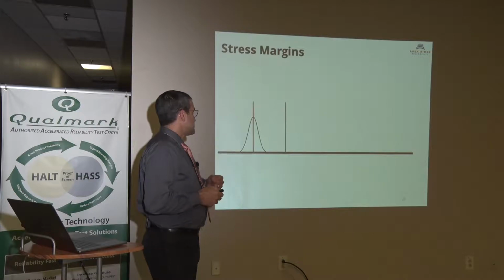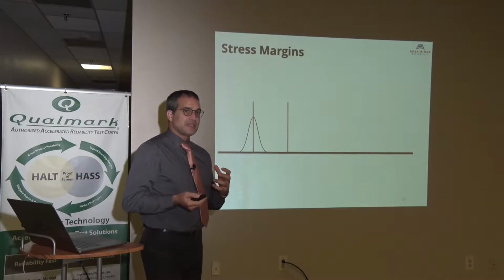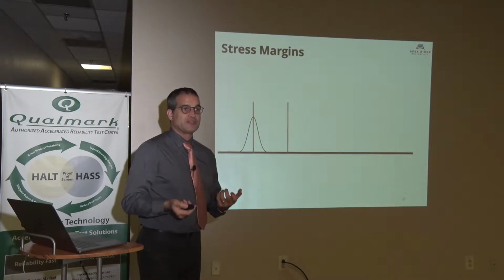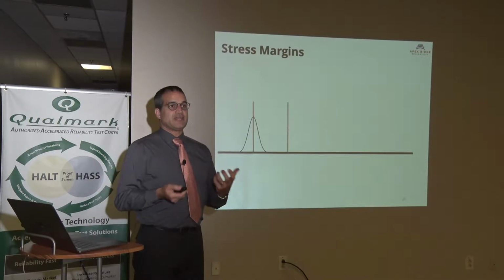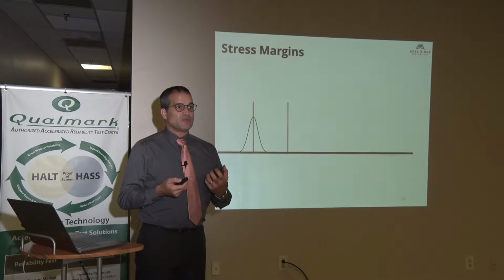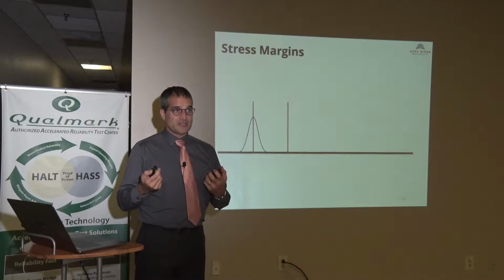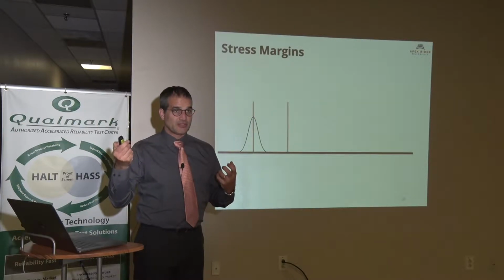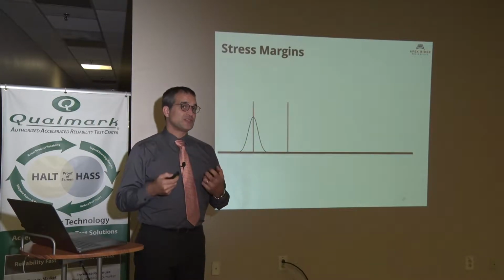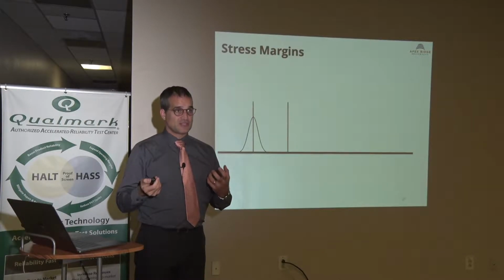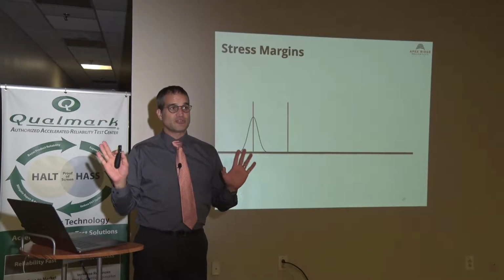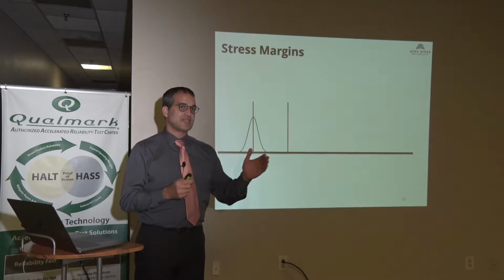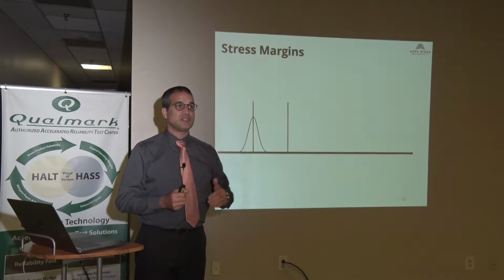So with margins, the idea is that we're taking nominal values and pulling them as far apart as we can. So you have variability around a stress. If what we want to do is take the average value for your population, your design unit, you don't want to ever take your Superman unit and do this comparatively. So there were questions earlier about statistical significance with HALT. And I said, well, statistical significance is not directly applicable because we've disconnected from the use and we're just taking the stresses till we see the response.